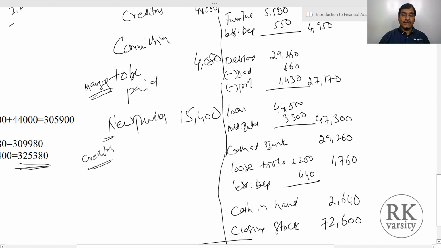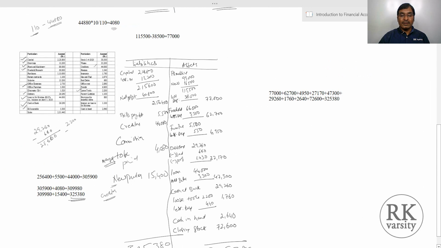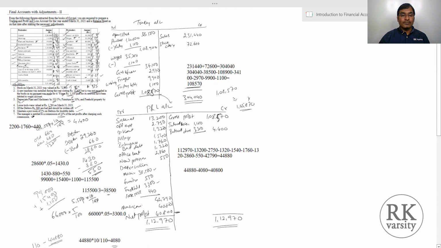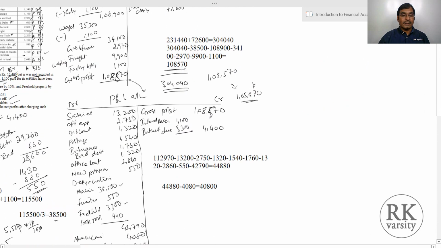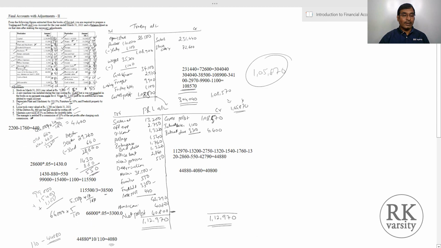These two went to oversight. So apart from that, we were able to solve. And one another is when it comes to the gross profit. Actually, this is 1,08,570. Initially, I wrote this as 1,05,870. So these are the silly mistakes, the errors that we commit in doing our accounting.